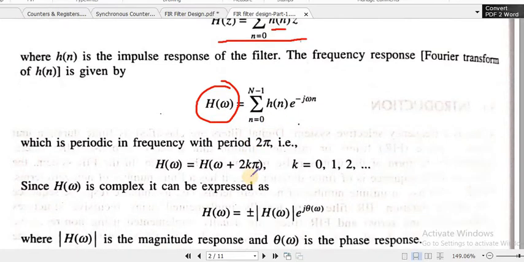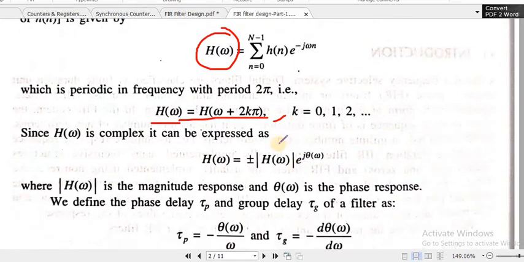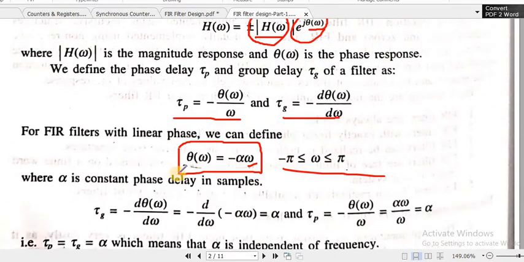We will get this equation, H of omega. This is very simple, and we know that the Fourier transform is periodic in nature. So by this equation we can show that H of omega is nothing but the magnitude response, and this is the phase response. If we consider the magnitude response as 1, but the phase response theta of omega is linearly proportional, this is the line where we say that the phase response is linear.